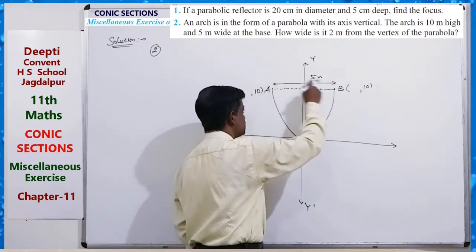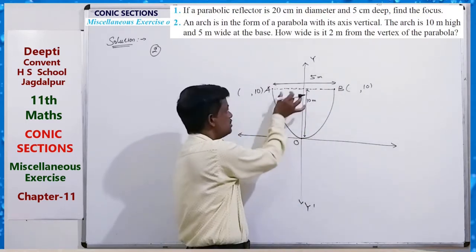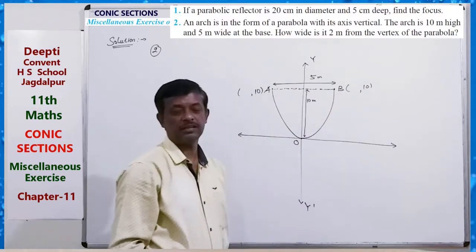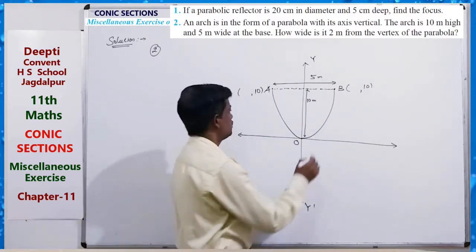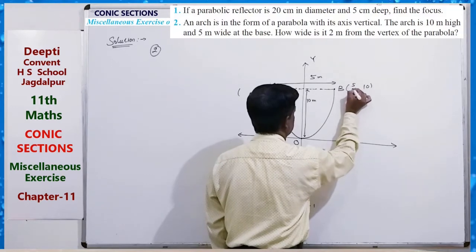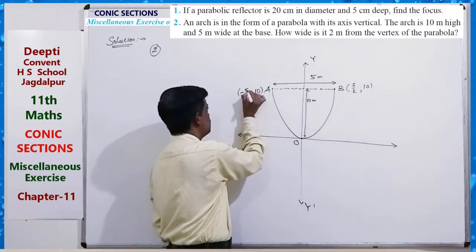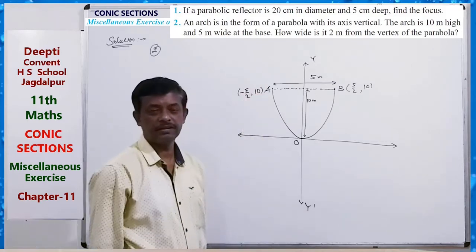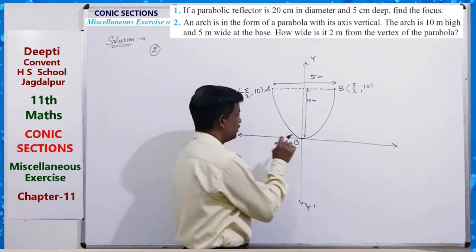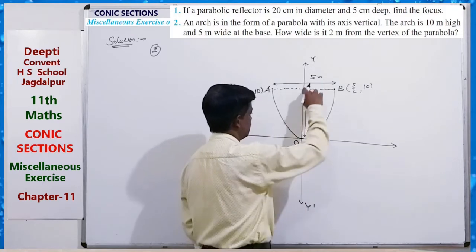Because at the base this is a double ordinate, the two halves are equal in the parabola. So x is 5 by 2 and minus 5 by 2. Clear? Now, this is the vertex.